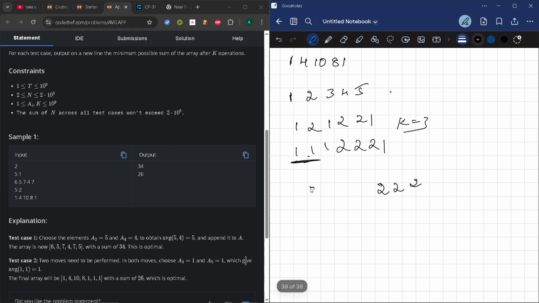I need two numbers for that. Let's say I have 1 comma 3, which will give me an average of 2, and I have appended that here. And let's say there is the number 1, 3, 1 again. Then I will be going for this thing, 1 1 3. Then 1 plus 1 is 1, then I will append 1 1 1 here.